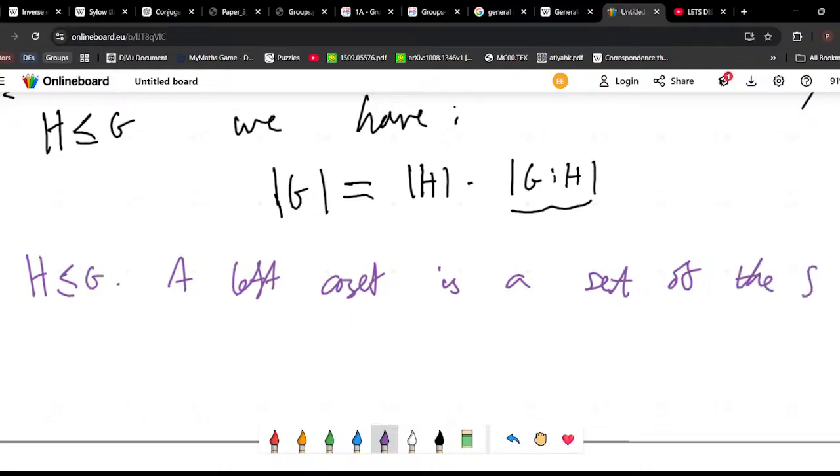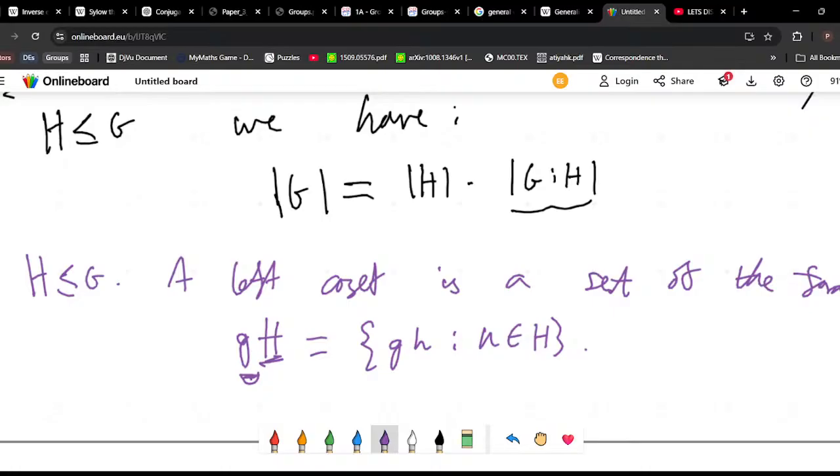Anyway, this is not the most precise definition ever, but whatever. A left coset is a set of the form gH, which is equal to the set of all gh. It's the set that you get by multiplying everybody in H on the left by g.